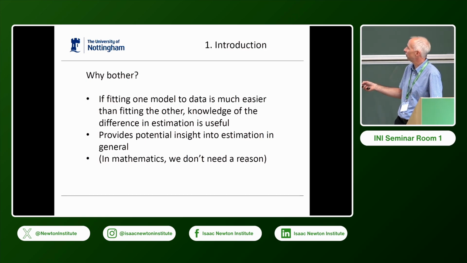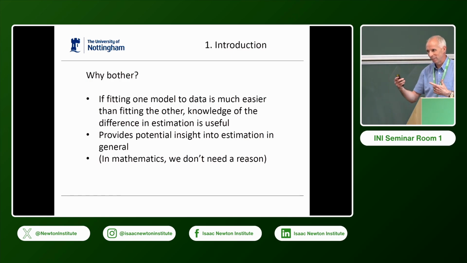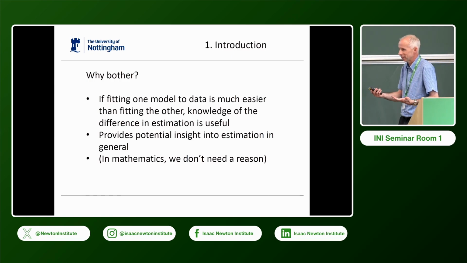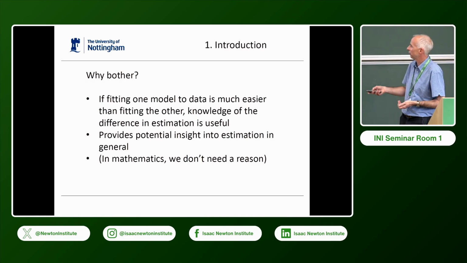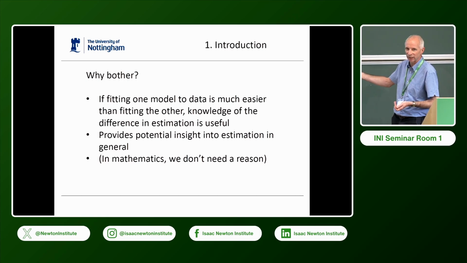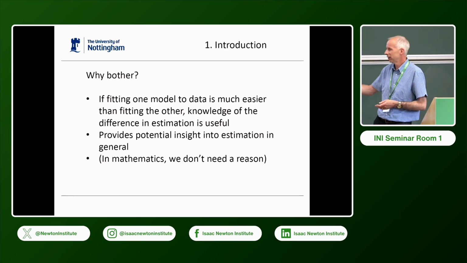The first one is the key one: if one of the models is much, much easier to fit to data than the other, then if you can show that the estimates should be about the same, you've made a huge gain. So it's trying to give some theoretical justification. The other one is waffly: it provides some insight and adds to the tree of knowledge and all this sort of thing. And the third reason is that you don't need a reason.